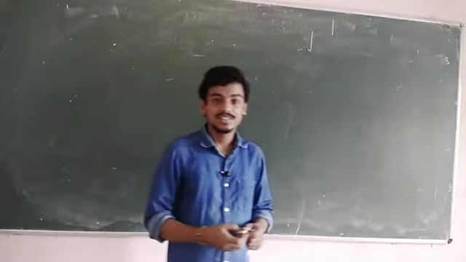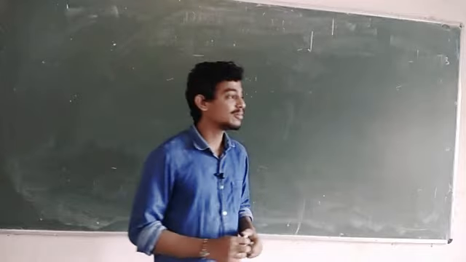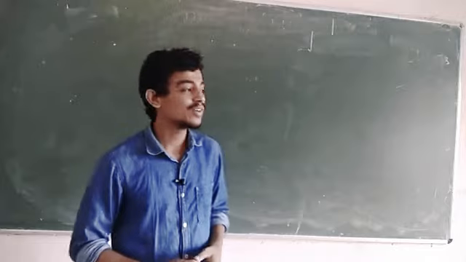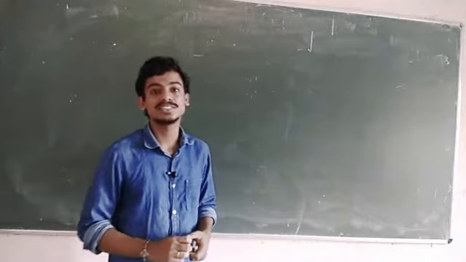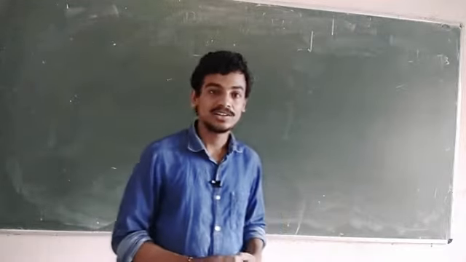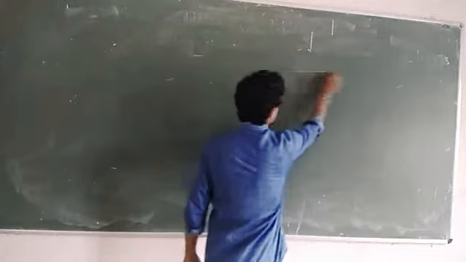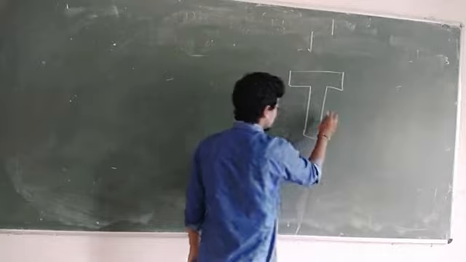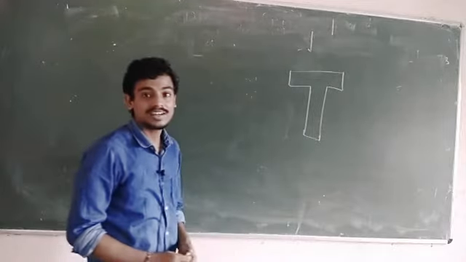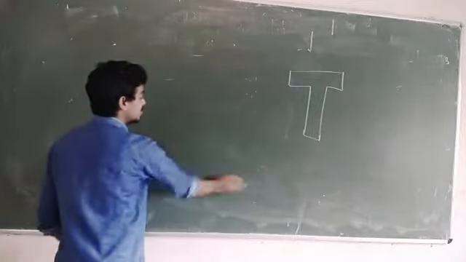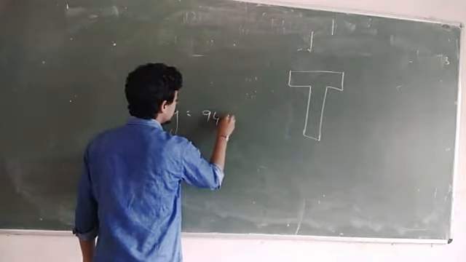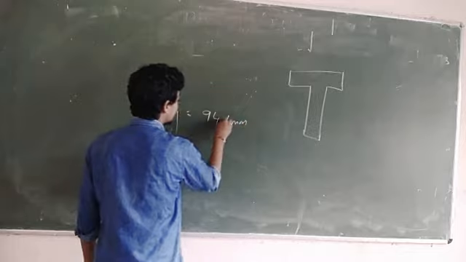Hello everyone. In the previous class we studied center of gravity, what is centroid, and one problem related to center of gravity or centroid. In that problem I gave the T section, which I already calculated, so I just left the answer. The answer y bar is 94.1 mm.